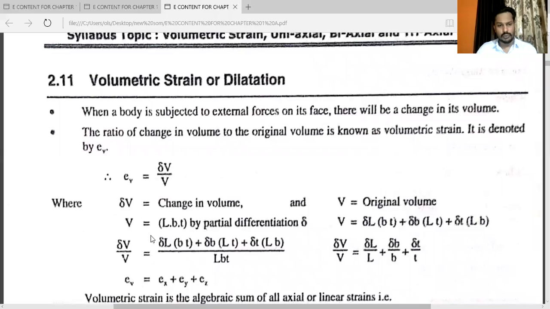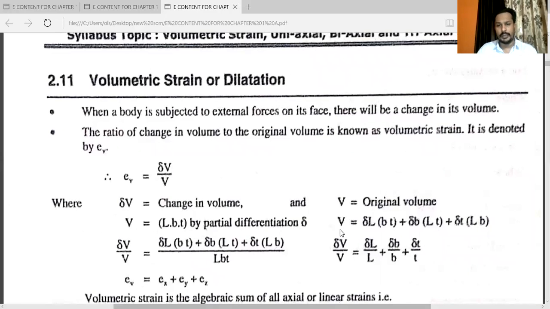Here V is equal to length into width into thickness, that is LBT. By partial differentiation, delta V is equal to delta L into in bracket B into T plus delta B into in bracket L into T plus delta T into LB.